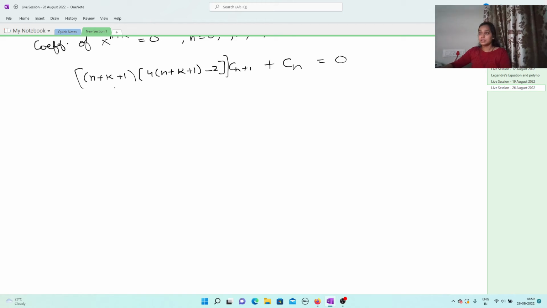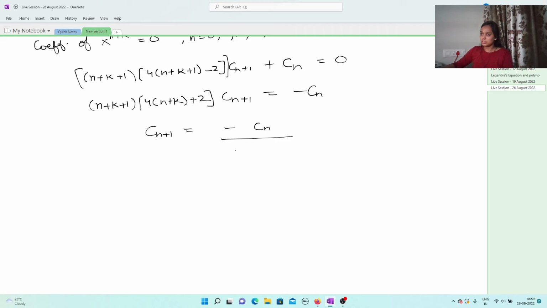So this will give us the recurrence relation. So let's see what it is. (n+k+1) into (4(n+k) plus 4 minus 2, again this becomes plus 2) c_(n+1) equals minus c_n. So c_(n+1) can be written as minus c_n over, let's take 2 common, (n+k+1) multiplied with 2 into (2n+2k+1), right?